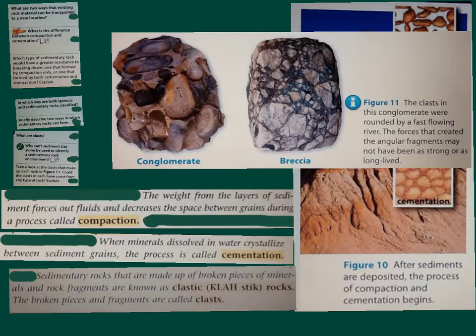Okay, I want to clarify something in your mind. When we talk about sediment, you may think about small little pieces of rock that have been broken off. You probably think of them as sizes of quarters or dimes or nickels or pennies. However, those sizes can vary. The sizes of sediment can vary.